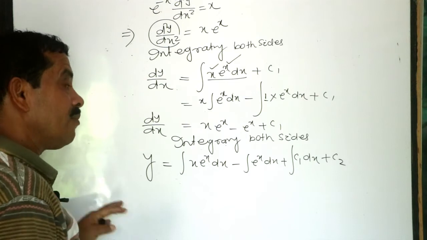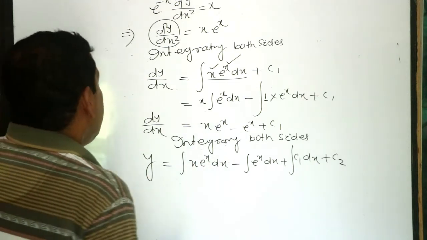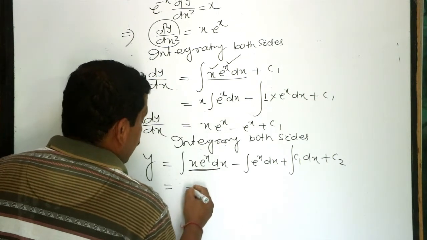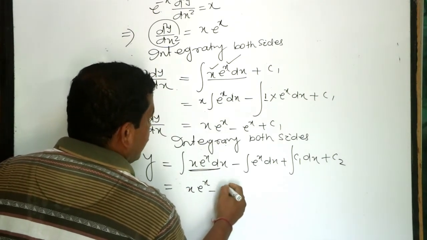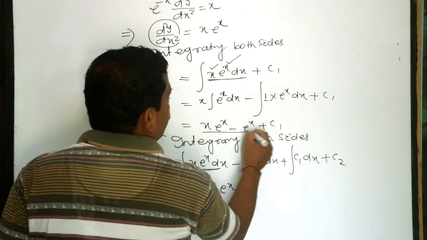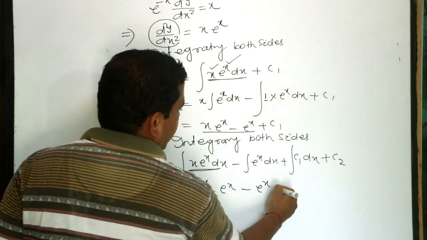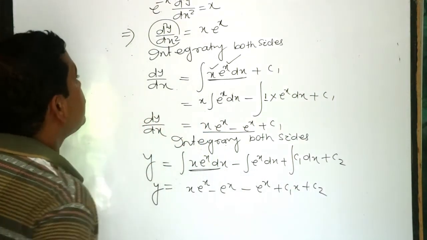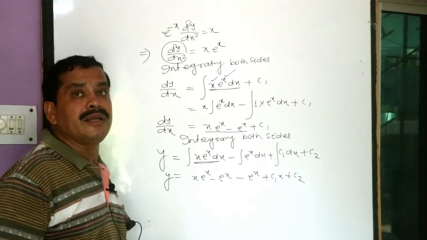Another constant will come, that is c2. Then integrating by parts, it will be x e^x minus e^x, minus e^x, plus c1x plus c2. That is y. This is the solution for this differential equation.